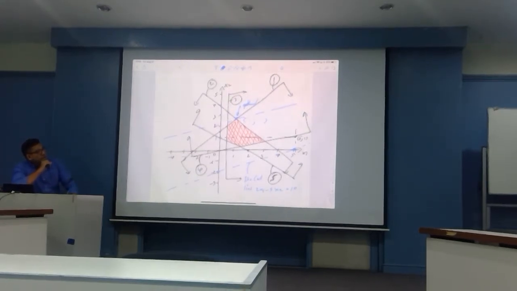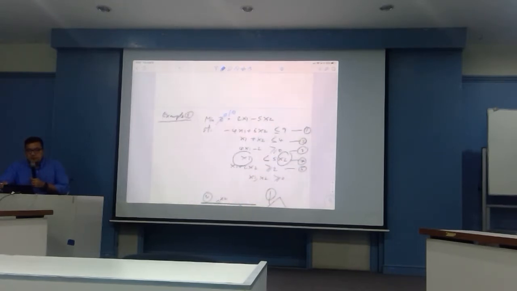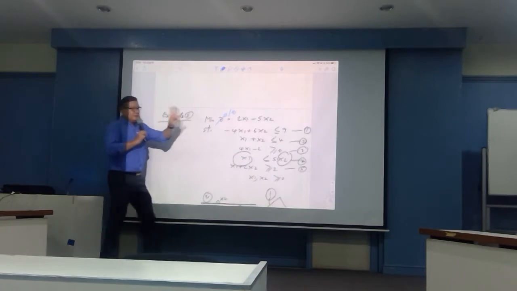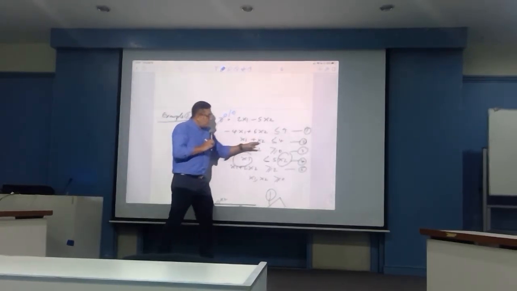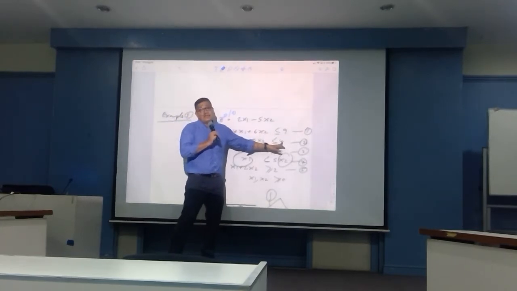And we can find the coordinates. This is the intersection point between constraint 1 and 2. If I multiply constraint 2 by 4, we have 4x1 plus 4x2 equal to 16.